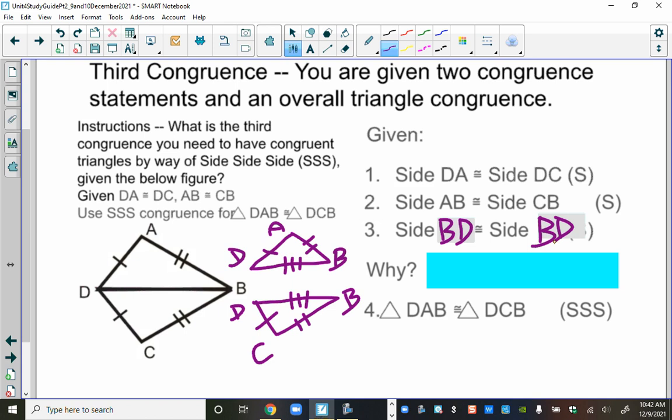So in this case, it's going to be the reflexive property. We don't see it too often, but it's more for understanding. Reflexive property: if you see it on both sides, both triangles, that's really what it is. That's why you can say BD is congruent to BD, because of the reflexive property.